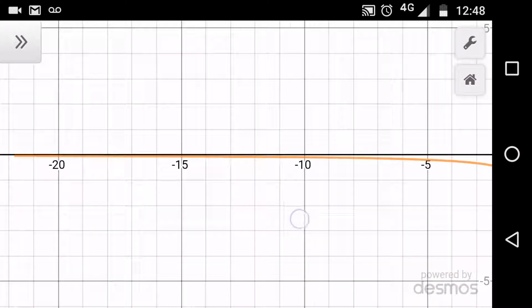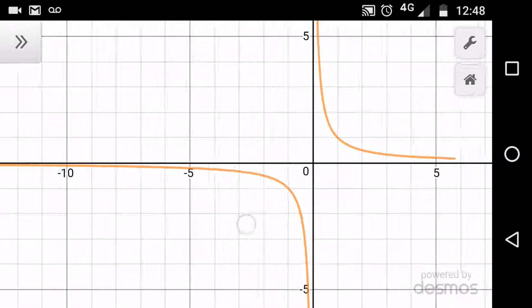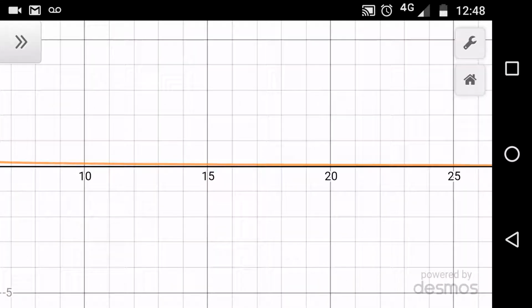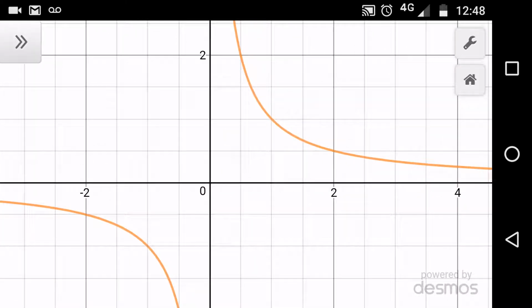But as you go away to more negative numbers or to more positive numbers, logically the division gives you smaller and smaller values. So you get closer and closer to the x-axis because the y has a very small value. Let's go back to the home and see what happens when you are very close to the 0 in the x-axis.